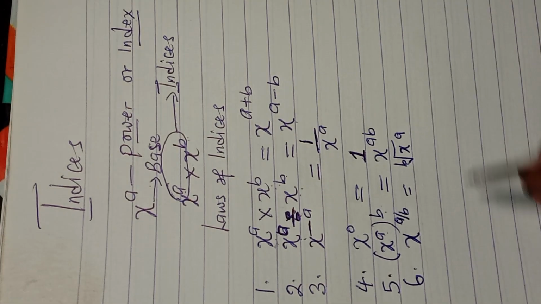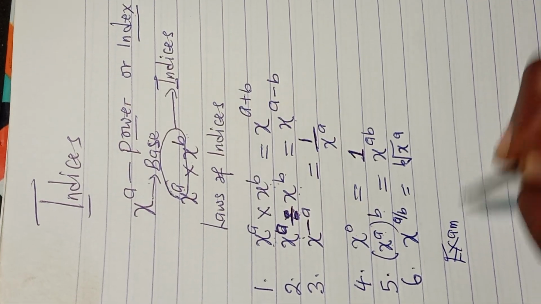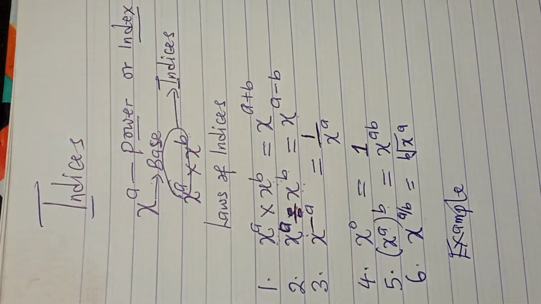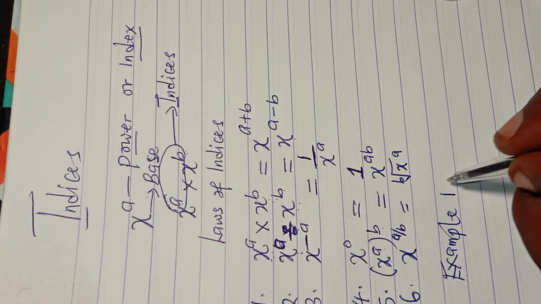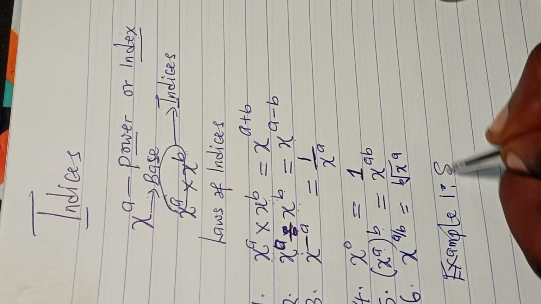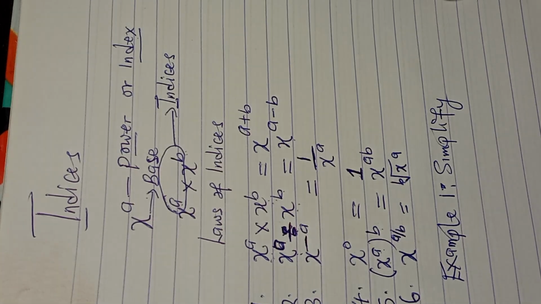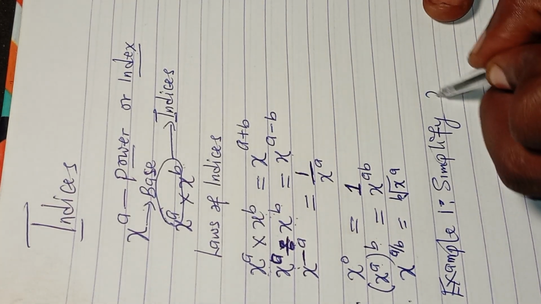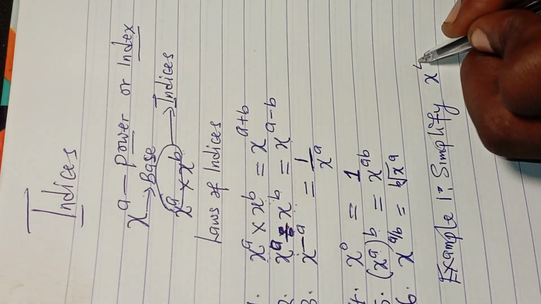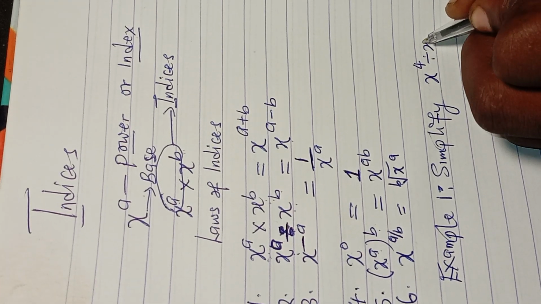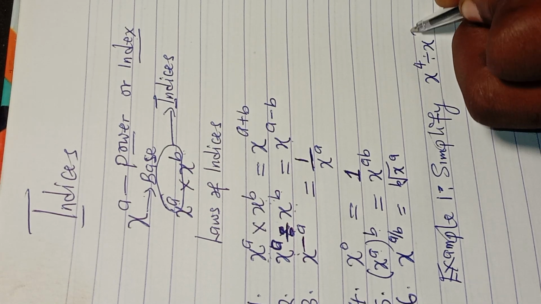Now let's say we have example 1. In this example 1, simplify x power 4 divided by x power 2.